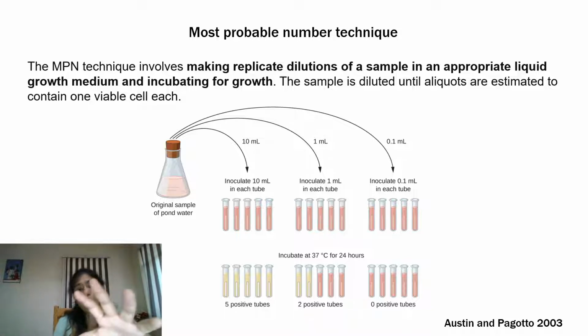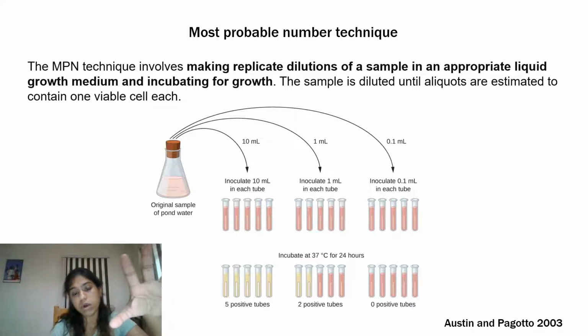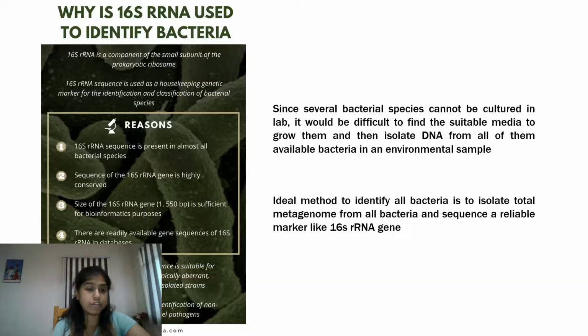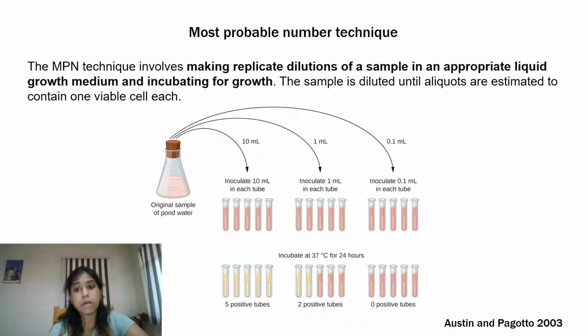So we first saw how we can get an idea about the different types of microbes, and once we get that information from the 16S rRNA, we can use a particular liquid media to grow them and get an estimate of the total number of bacteria of that particular strain that are present in a given sample.